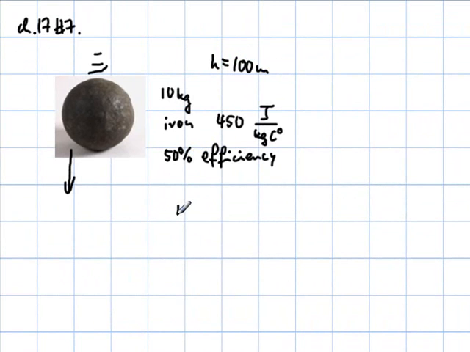Okay, again we have a certain amount of potential energy, of which 50%, so 0.5, will be converted into heating the ball, so that equals Q. And then we have the potential energy given as mass times gravity times height, and here we have specific heat capacity times mass times temperature difference, and the mass divides out, so we actually don't need the 10 kilograms. That actually answers the second question.